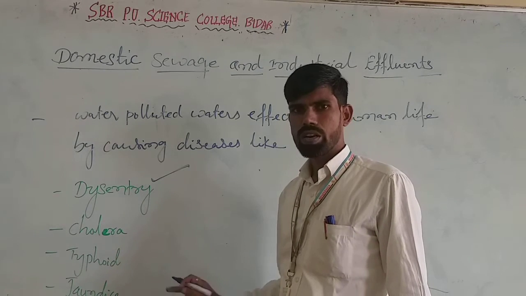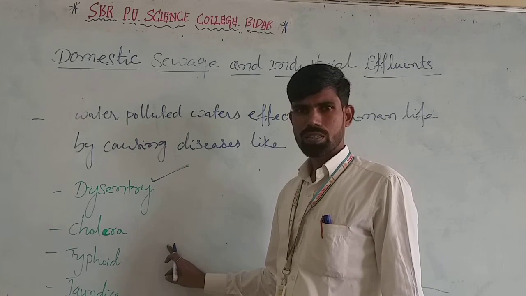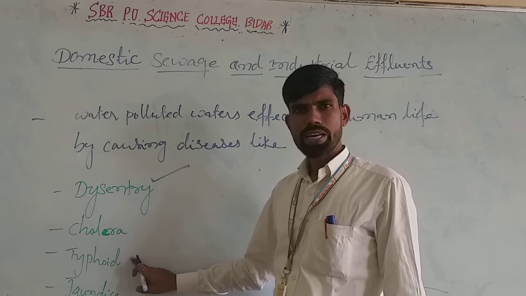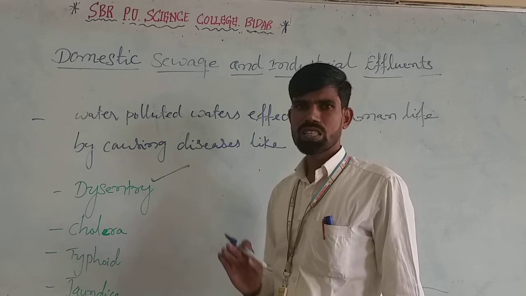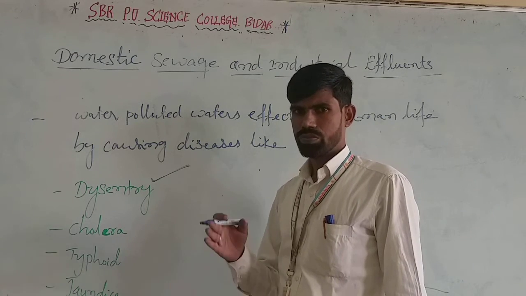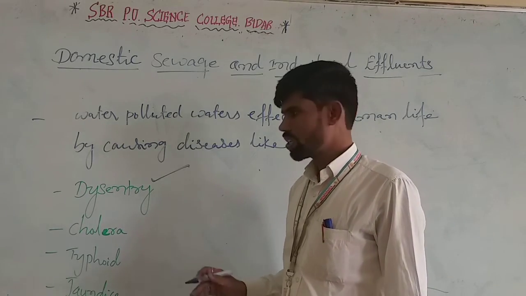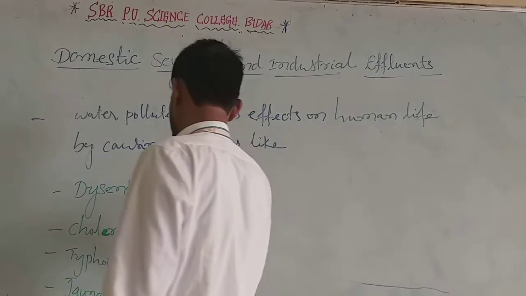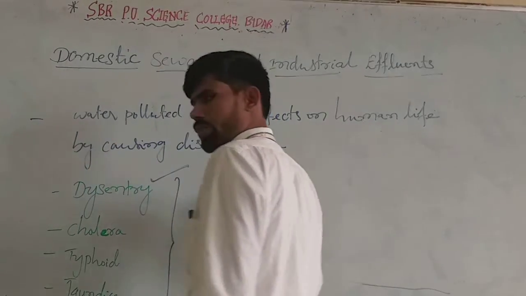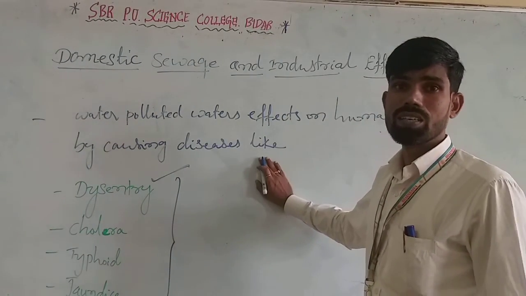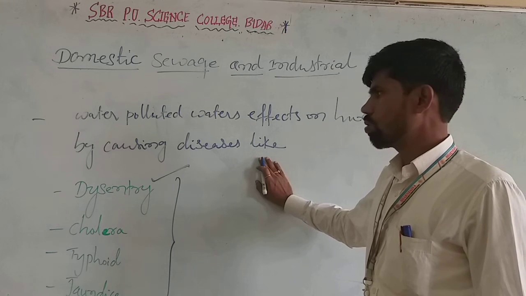Now cholera also comes. Typhoid causes fever, severe fever. Then jaundice. So these are the diseases that come.